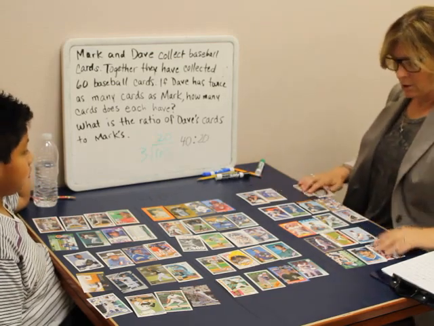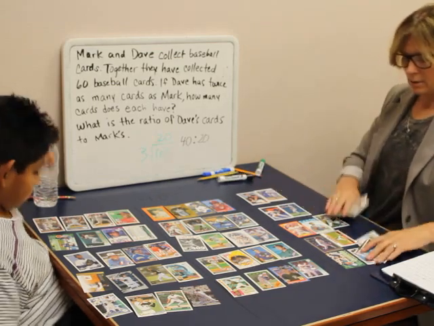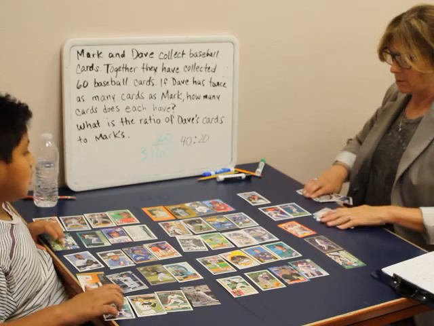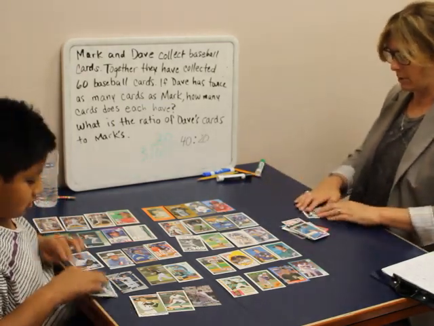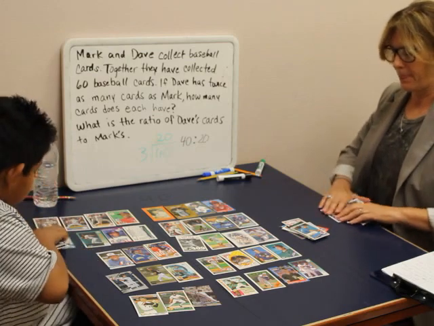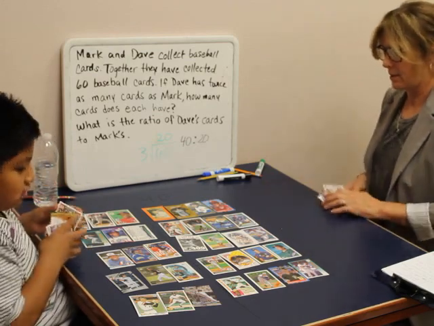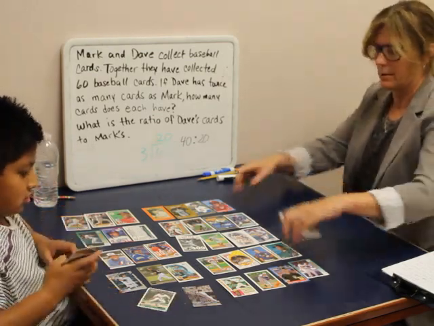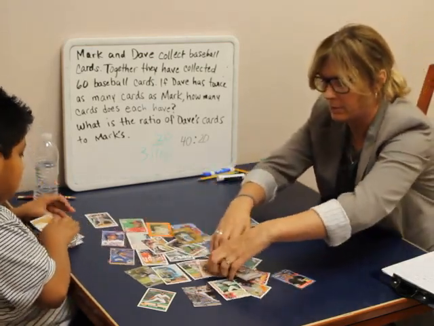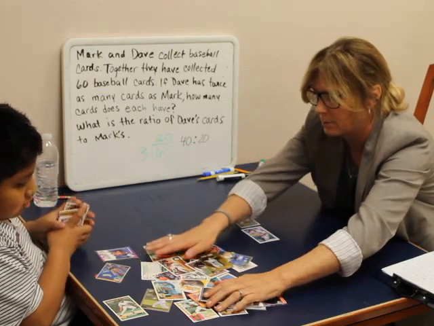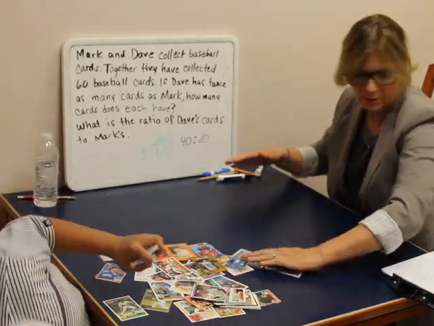So let's move these cards out of the way and get some paper out and solve this problem a different way. Let me pick up the cards. Yeah, you can help me pick the cards, thank you. All right, put those all over there. Put them in a stack. You can actually just kind of move them out of the way there.